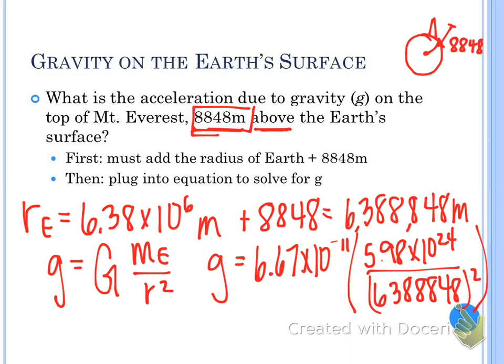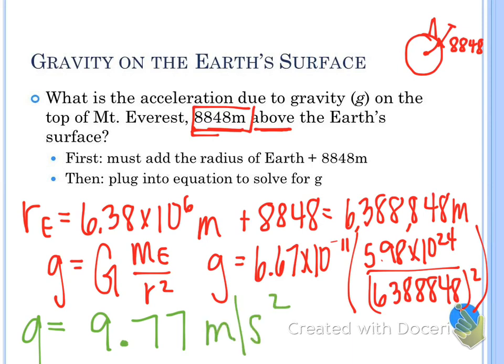Mathematically, make sure we square this whole bottom term, the whole radius. We'll take 5.98 times 10 to the 24th divided by that. We multiply that whole thing by 6.67 times 10 to the negative 11th. And we get our acceleration due to gravity equal to 9.77. Yeah?